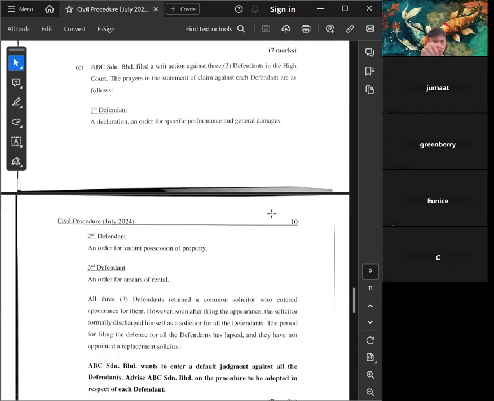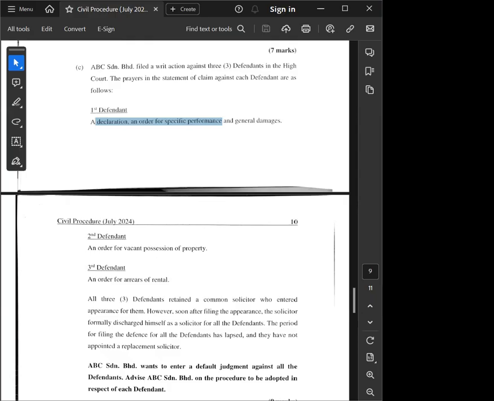The claim against the first defendant is declaration, specific performance, and general damages. General damages is an unliquidated damages, yes, but the problem is whether they can claim declaration and specific performance. Now let's flip to Order 13, Rule 6.